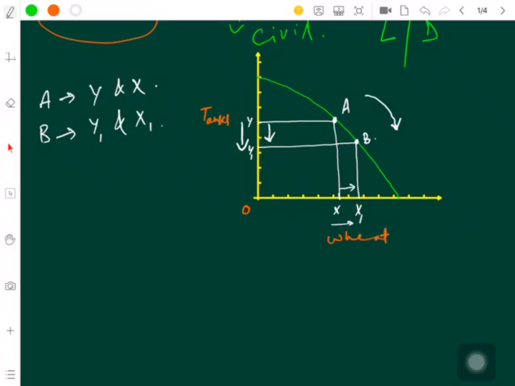You can replace it, it is nothing to worry about. Say A is a combination in which we have T tanks and W wheat, while in B we have T1 of tanks and W1 of wheat.